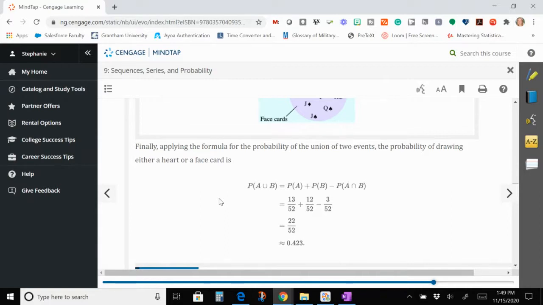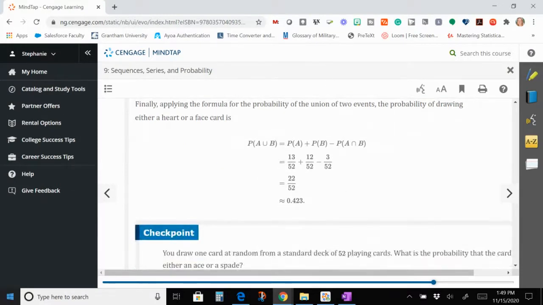And let's see, there still would be some overlap there, because you would have a card that would fall under the heart or the face card. So you would still have to do a subtraction if you're looking for a heart and a face card, because there is some overlap.